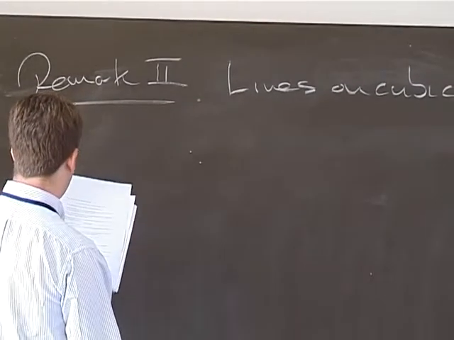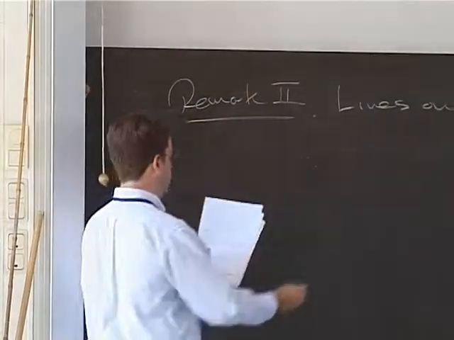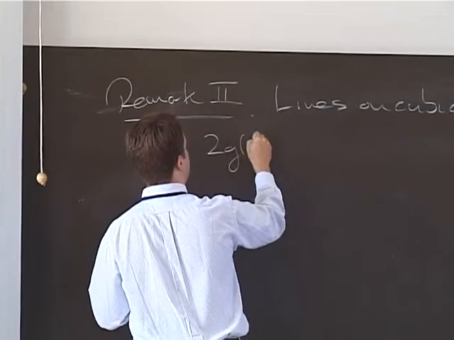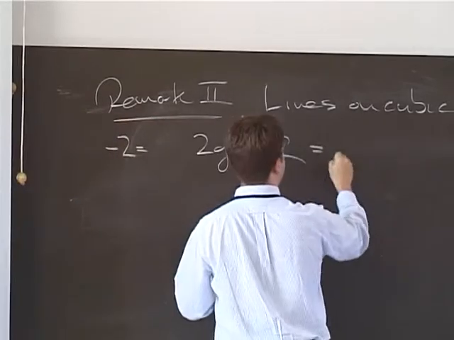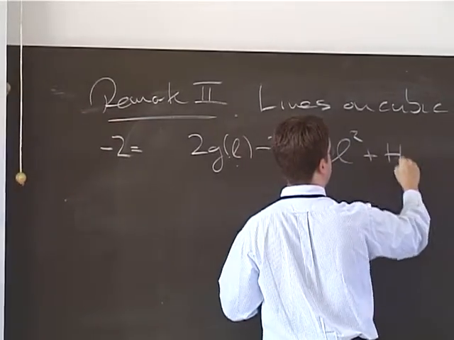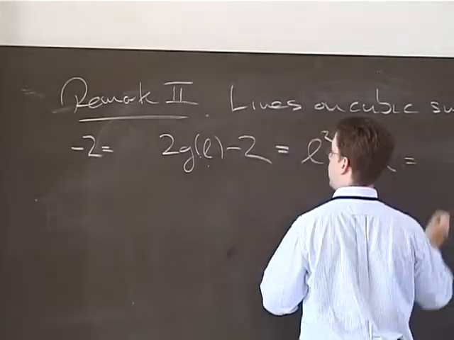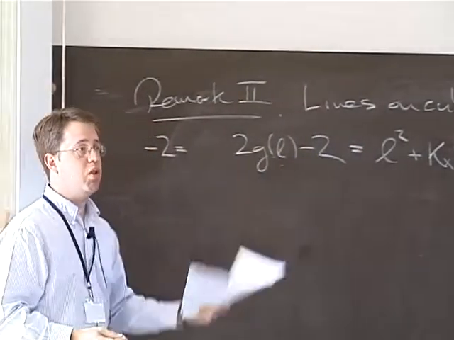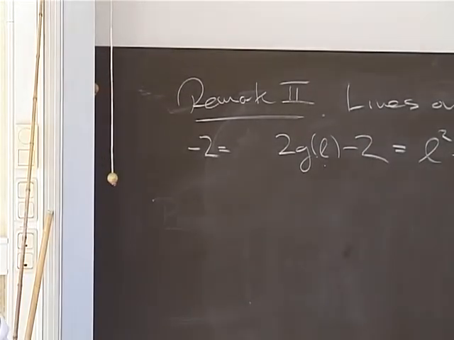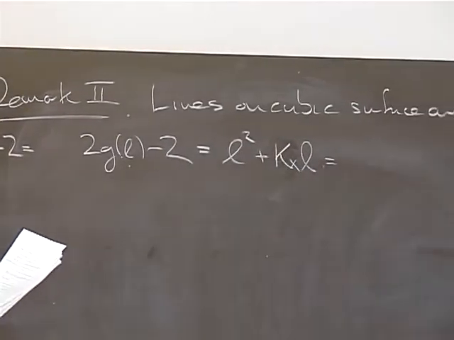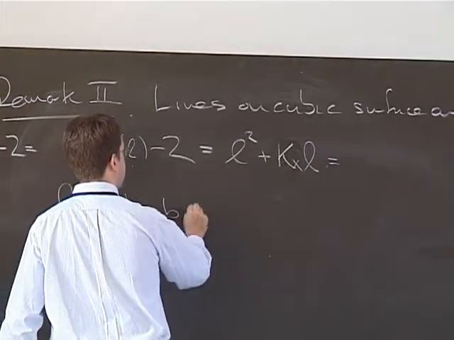Now, this is easy to see. This is just a computation with the adjunction formula. You can see that the lines are exactly the minus 1 curves. So then let's write our line in terms of our basis.